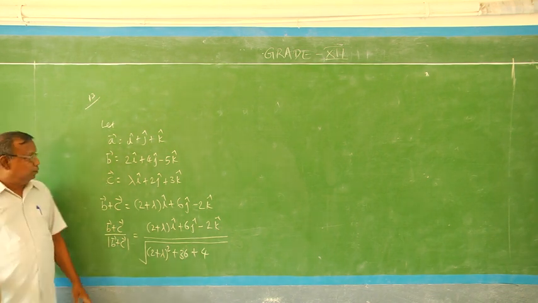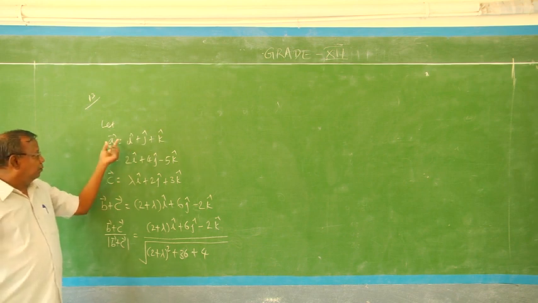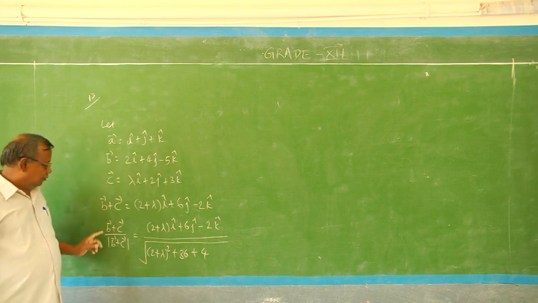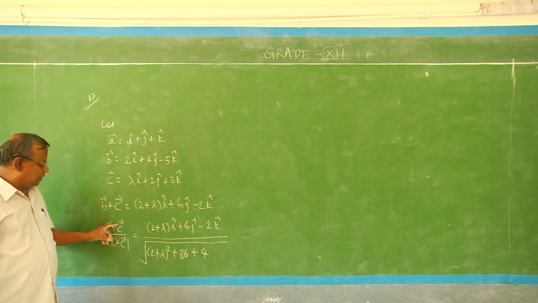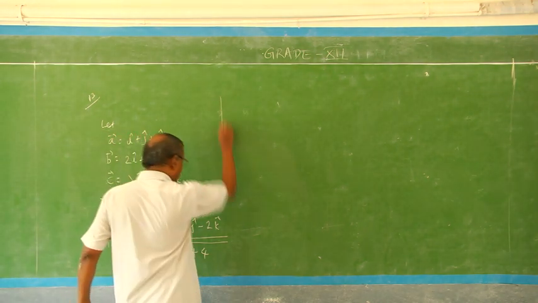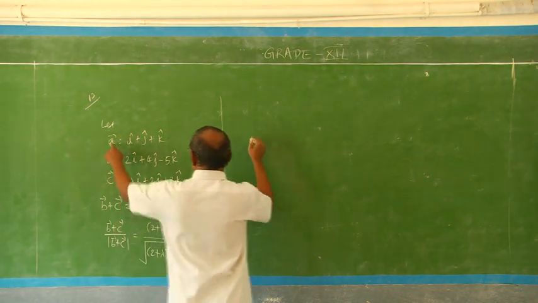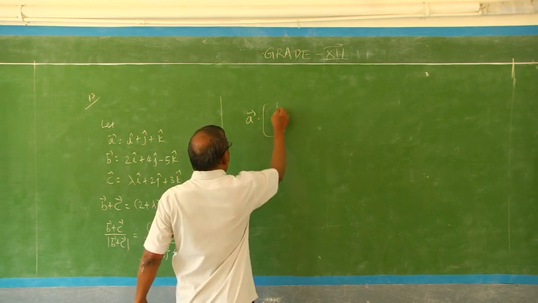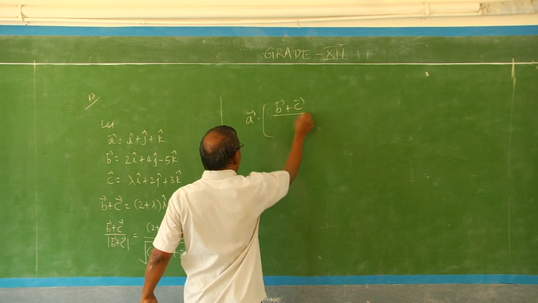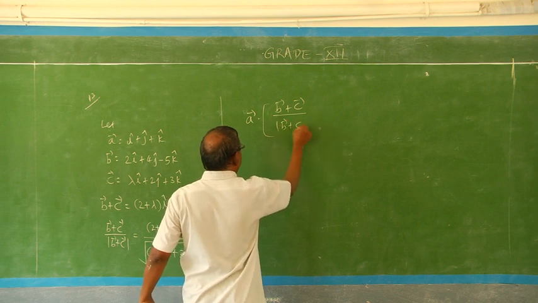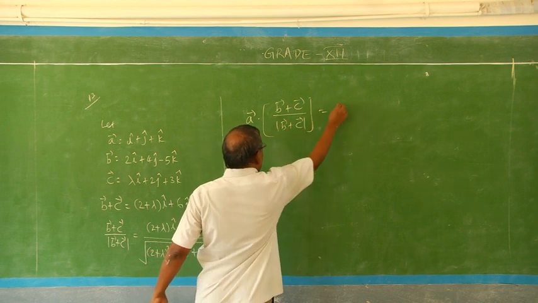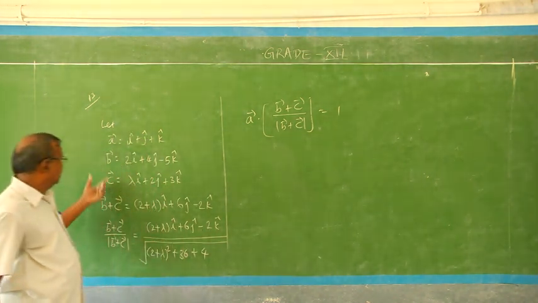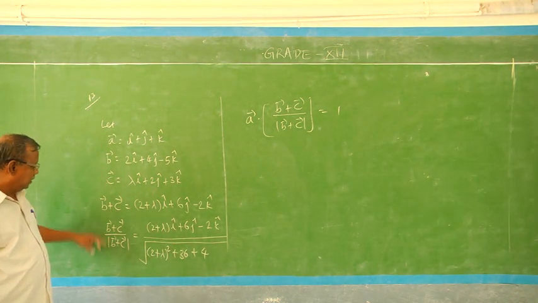Now they have given you the dot product, that is, the scalar product of a vector with the unit vector of the sum of these two vectors is equal to 1. That is, we have to take a vector dot (b vector plus c vector) divided by modulus of b vector plus c vector equal to 1, they have given. Okay? Now we have to take the dot product between these two.